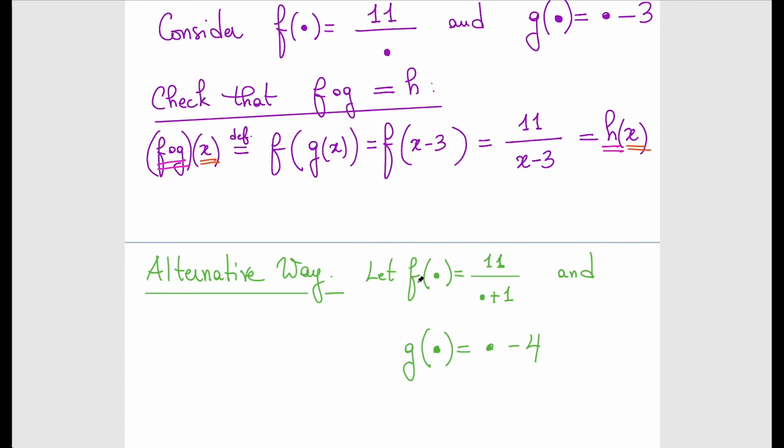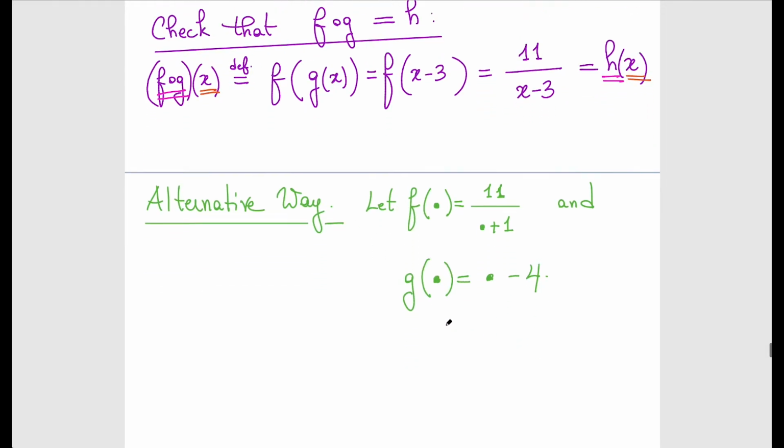Okay, so f of anything is 11 over the thing plus 1, and g of anything is the thing minus 4. These are my choices in this alternative approach, or alternative way. And let me make the case now that these choices actually also verify this equality, this identity, f composed with g is equal to h.